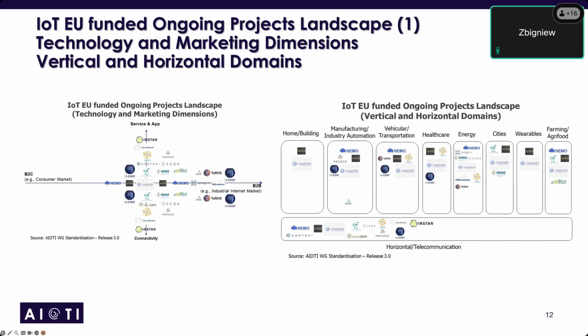So it's obvious that there will be more in the completed, but you can see how it looks in the market dimensions and in the vertical IoT. The projects are also spread in the verticals, but more related to B2B marketing, while services or connectivity is spread almost everywhere, as you see. Next one, please.